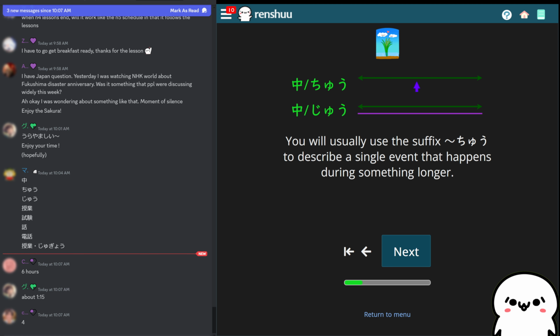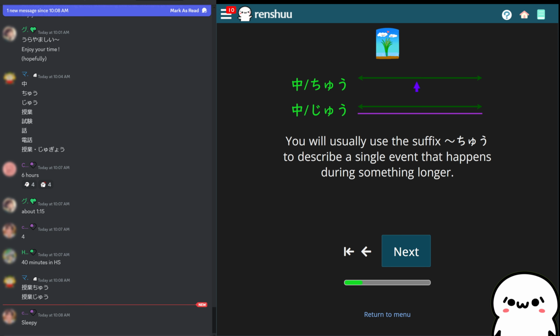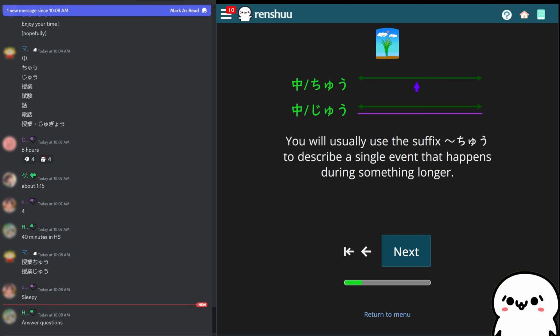And if you haven't died by the end of that class, let's talk about the difference between these two phrases. What is something that might happen during a class? Something that a student might do, just in the middle of class. Sleep. Okay, that's one of the ones I was thinking of. Give me something that's a shorter action. Answer questions.